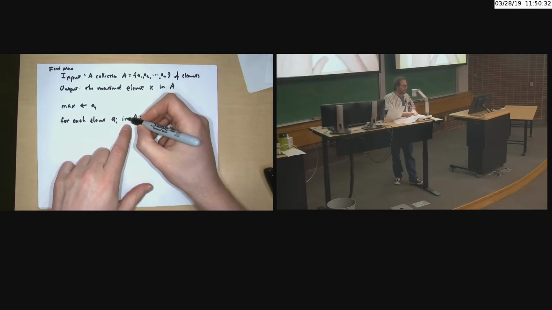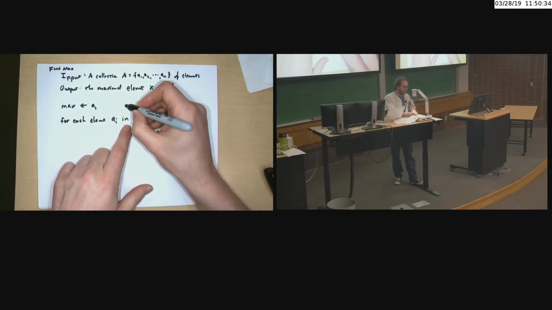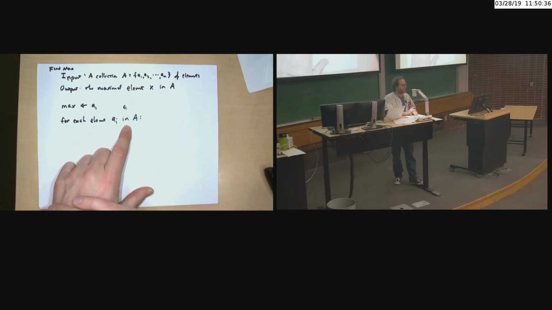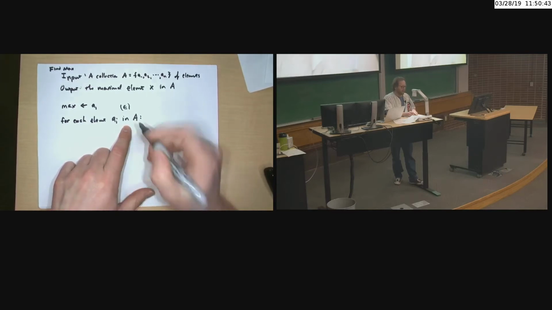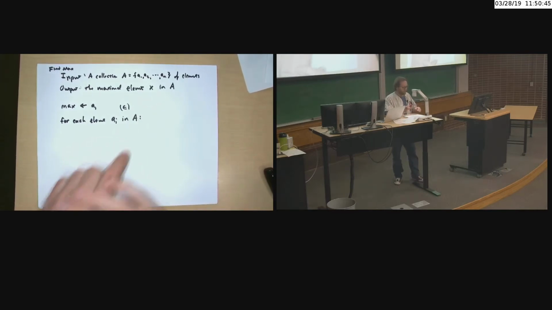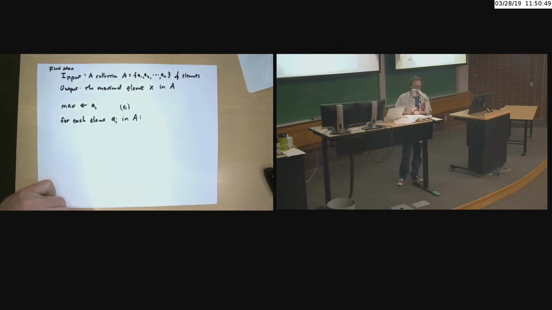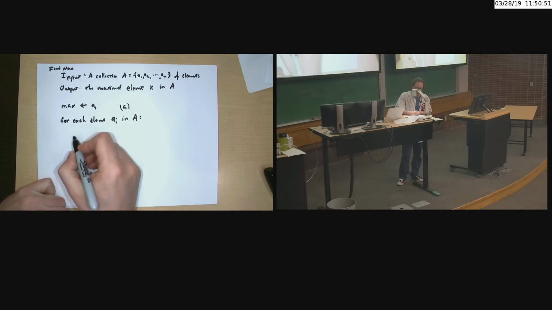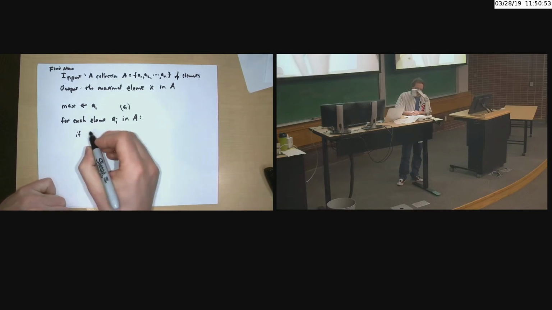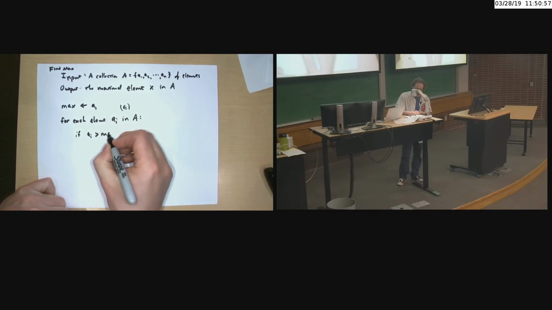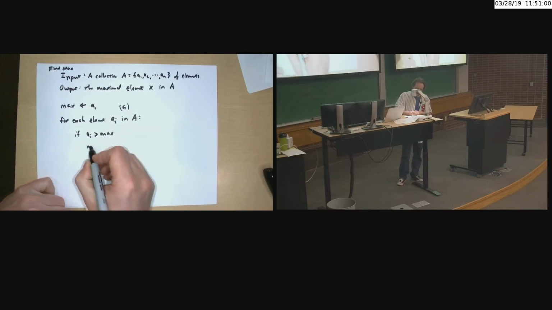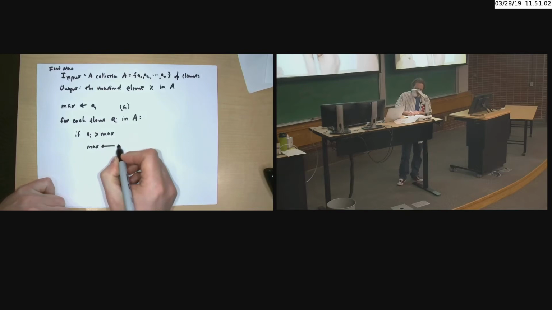Generally, if you've had 235, I would put the membership symbol instead, right? This element is in this set, or in this collection. I'll put that in parentheses up there to describe it, though. So for each element, I'm going to make a check. If a sub i is greater than max, then I will update max to be a sub i.